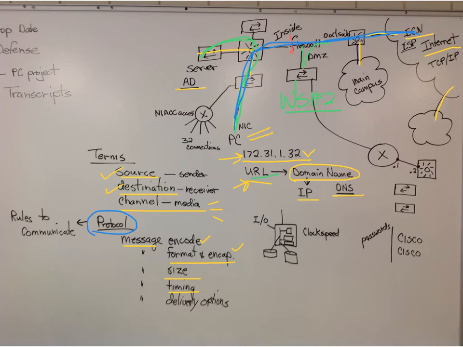I mean, we've got to send and receive, and we have to know which we're doing when, and then how are we going to deliver. Are we going to make sure all of it gets there, or are we just going to send it and whatever gets there, whatever doesn't. All of these things are important in dealing with a protocol. Some type of rules that allow us to communicate.